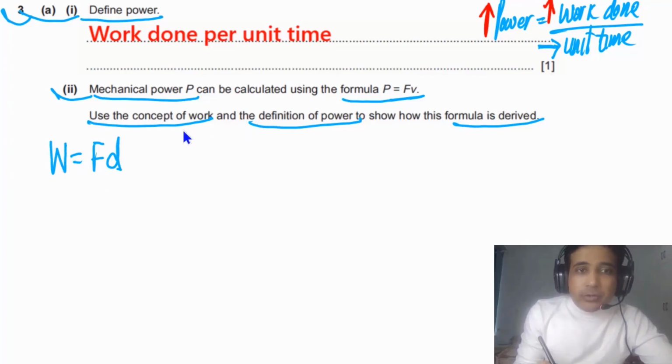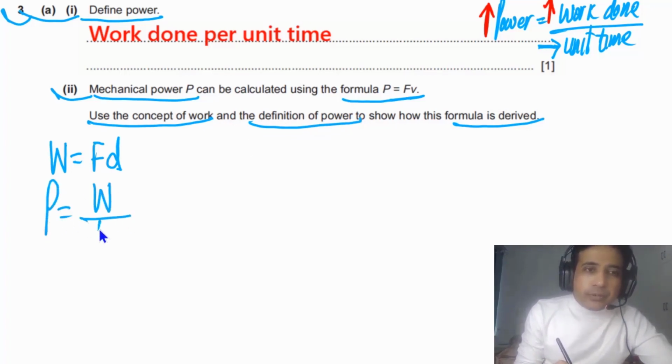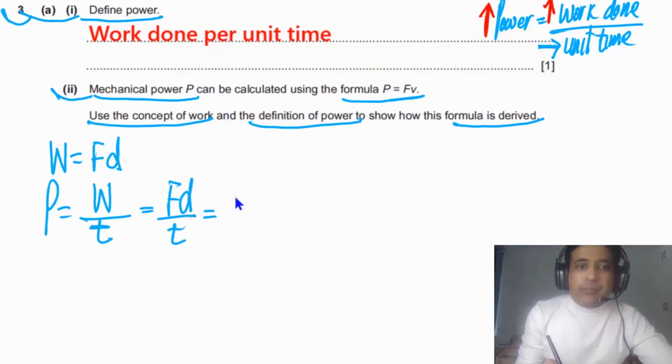Now it is also given to us, we have to use the definition of power. So we can write down power here. Power is equal to work done per unit time, or you can say work done over time taken. And so we can replace W with Fd. So this is Fd divided by t. And in this case, d over t, this is the speed.